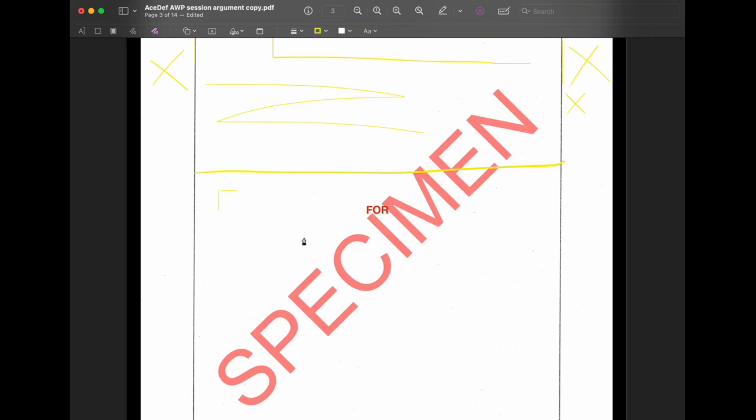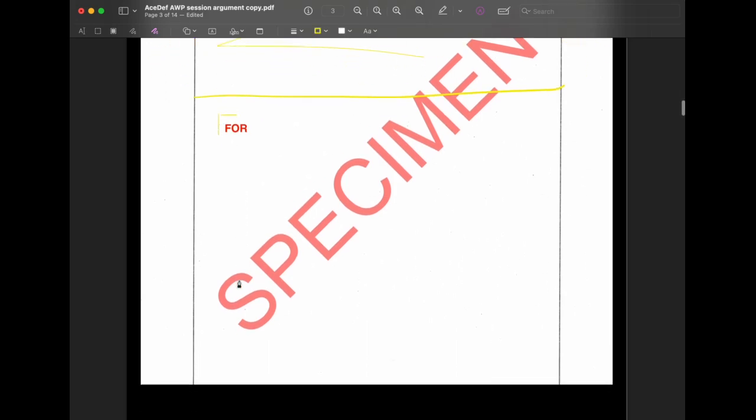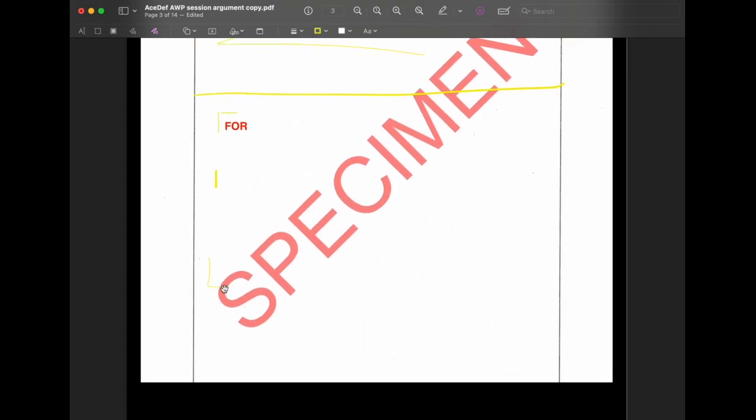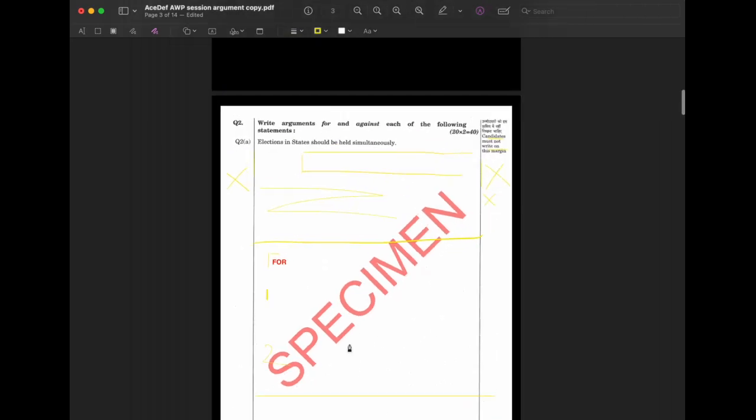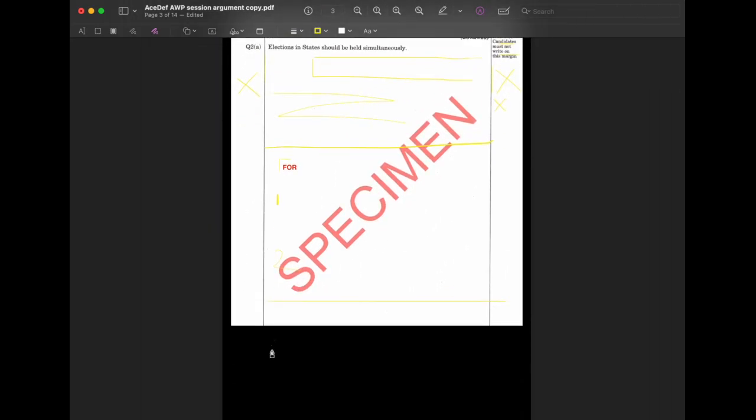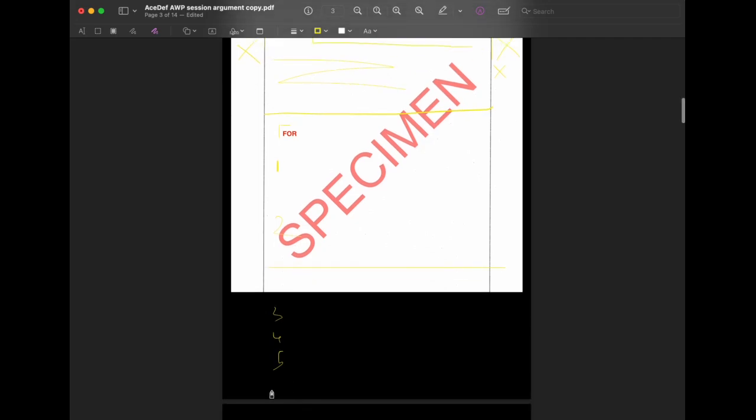You will be writing for here, and then you will start writing your 1 2 3. Preferably write 2 points within the first page, leave a bit of space at the end, so that later if you want to add any example or anything you have some space with you. Then on the second page you can write your points number 3, 4 and 5. And you can start with your argument against number 1.